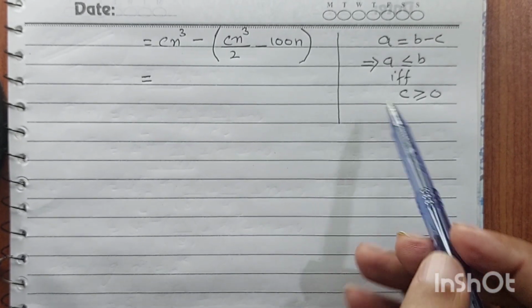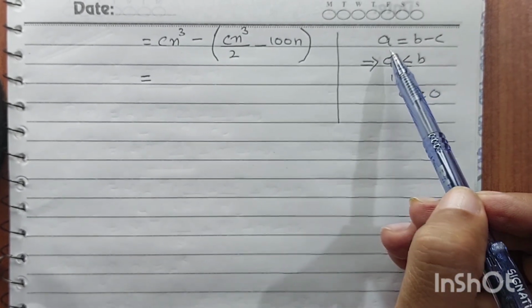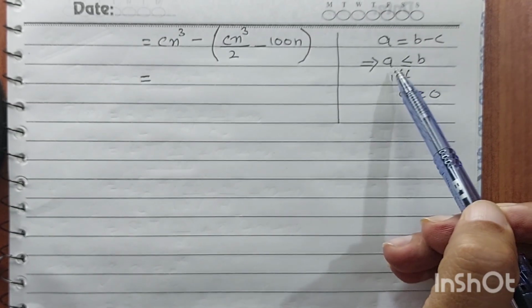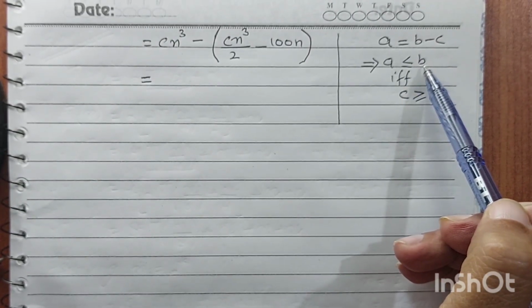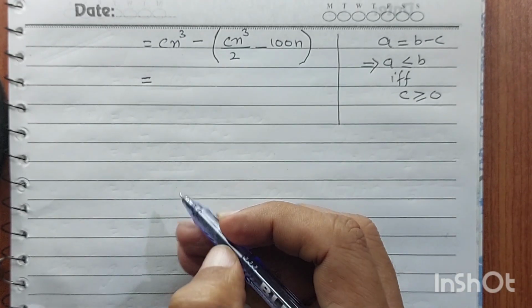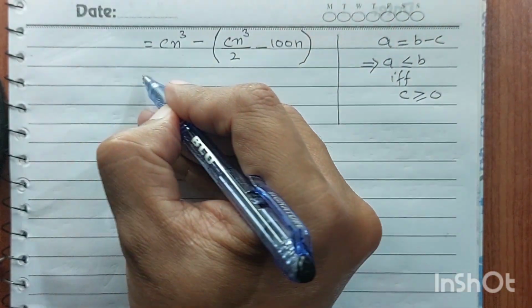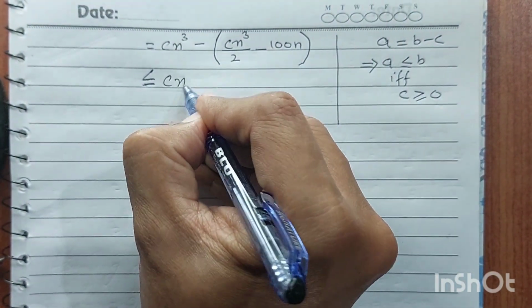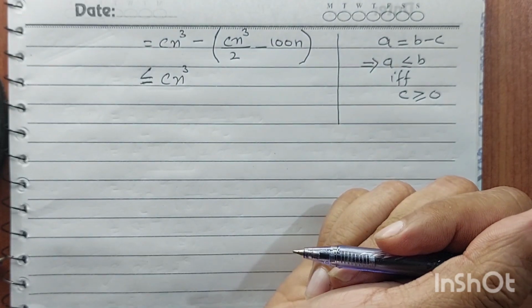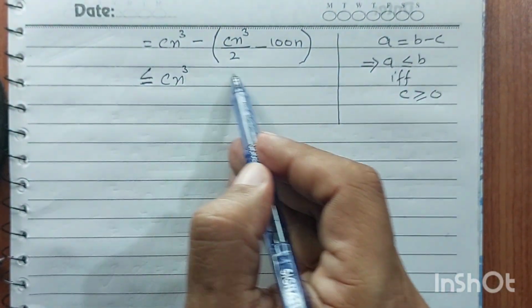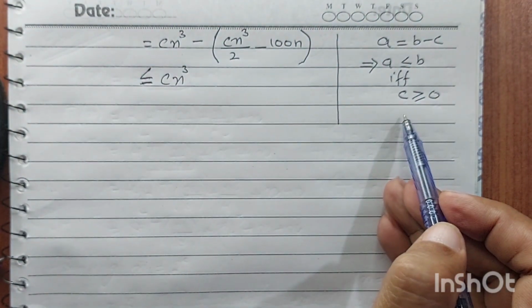Now, we have established this fact that if A is equal to B minus C, then A would be less than or equal to B if and only if C is greater than or equal to 0. Because we are requiring that it should be less than or equal to Cn cube, it is possible if and only if the whole residual part is greater than or equal to 0.